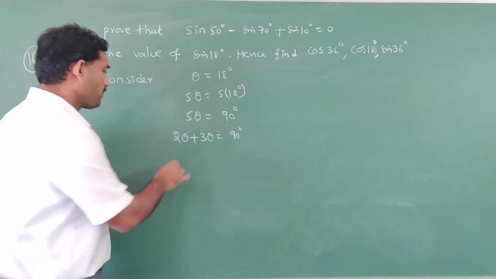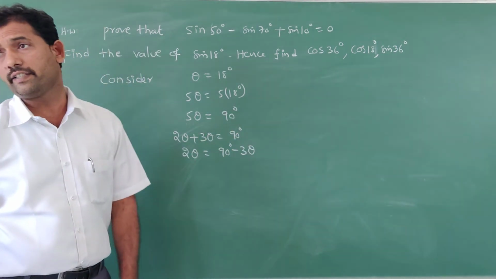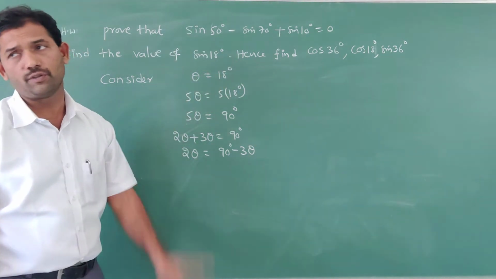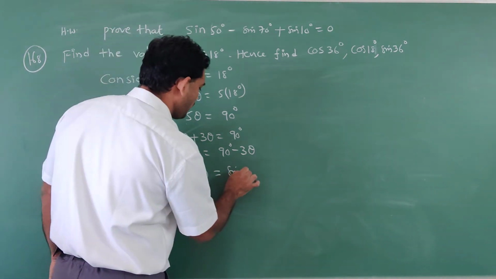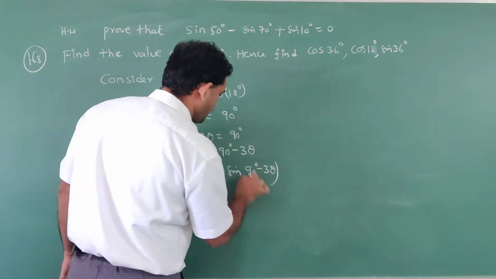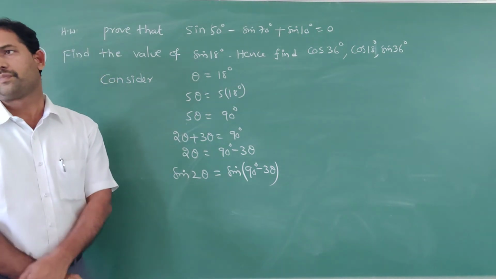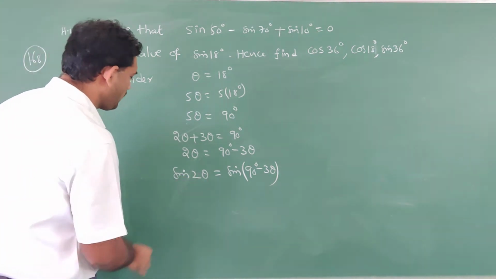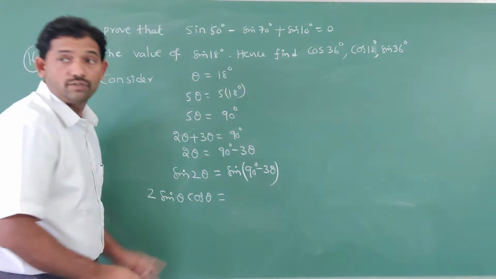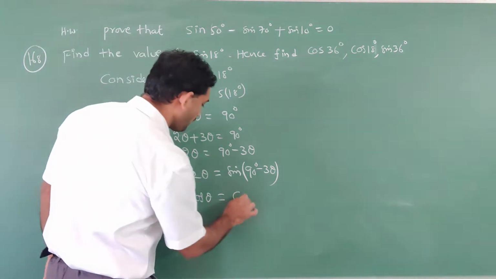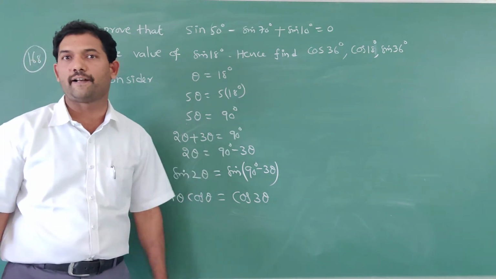So 2 theta equals 90 degrees minus 3 theta. Taking sine on both sides, sin 2 theta equals sin of (90 degrees minus 3 theta). Sin 2 theta is 2 sin theta cos theta, and sin(90 − 3 theta) is cos 3 theta.